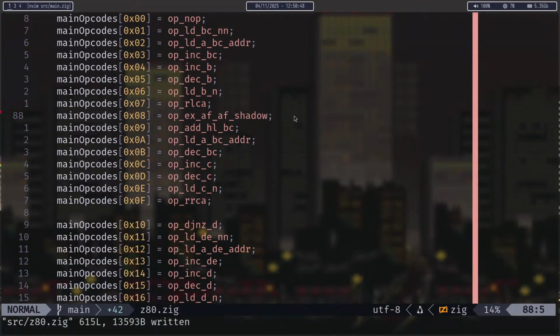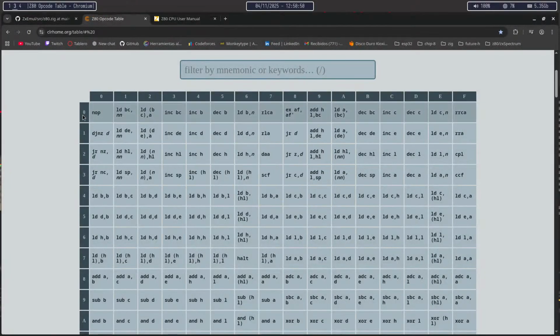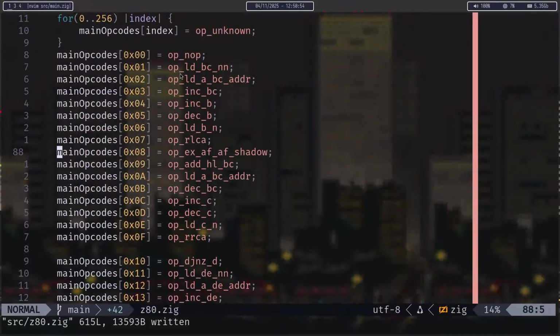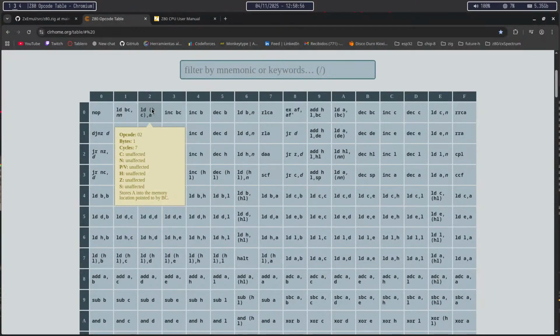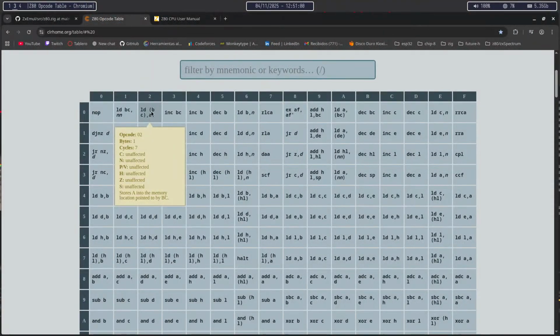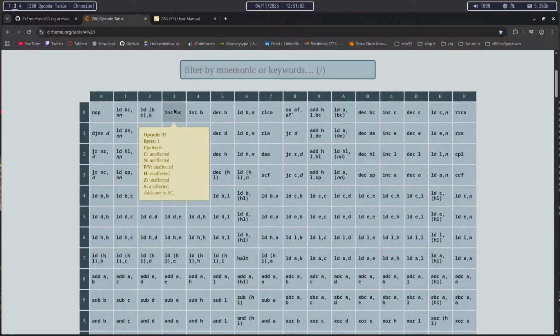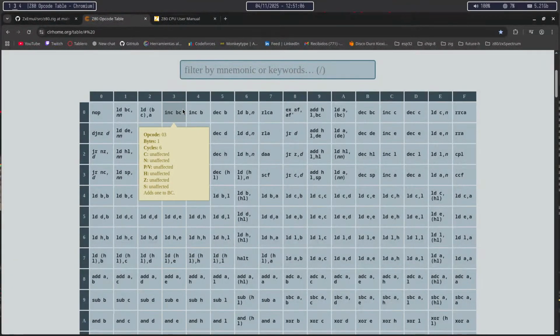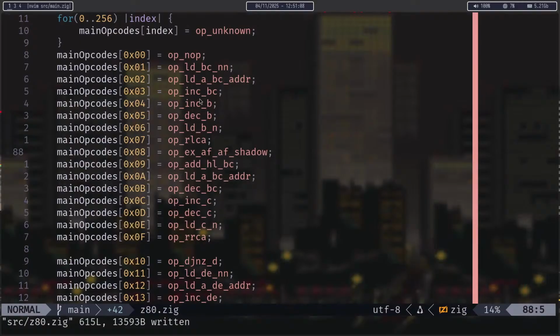So this is implemented here. So here's this one. So 1, LD BC NN. 2, LD BC A. Alright. Inc BC. Alright. 03, inc BC.